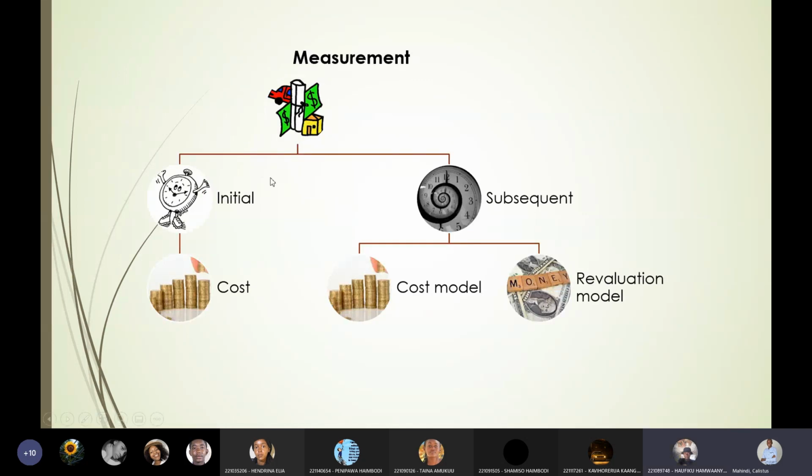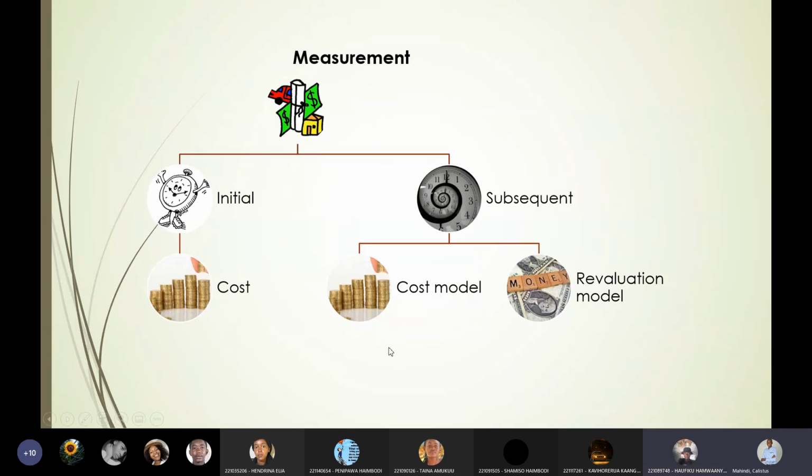So let us summarize it. At initial measurement, you measure the PPE item at cost. After a year, how do you treat that item? That now deals with subsequent measurement. The item can be measured using the cost model or the revaluation model.